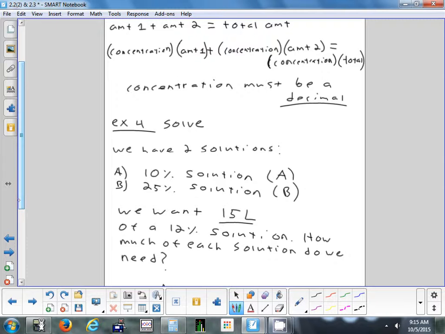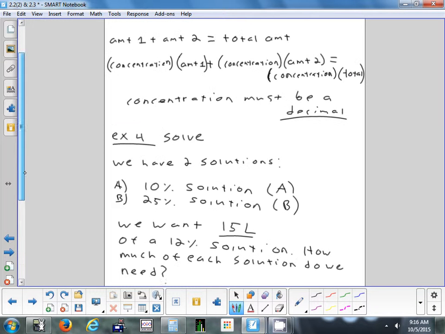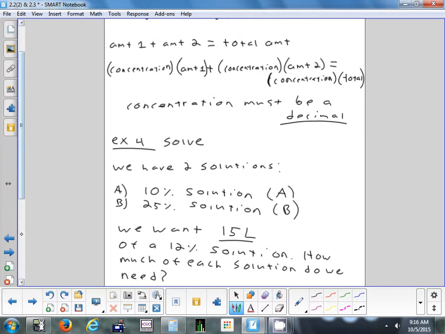Right, so let's start with the concentration of solution A. John, what would the concentration of solution A be as a decimal? 0.1. Yeah, 0.01 would be 1%. This is 0.1. Okay, so fill that in for concentration.